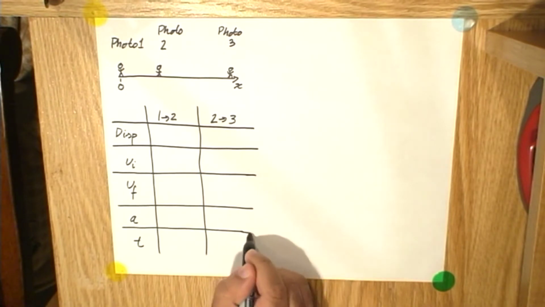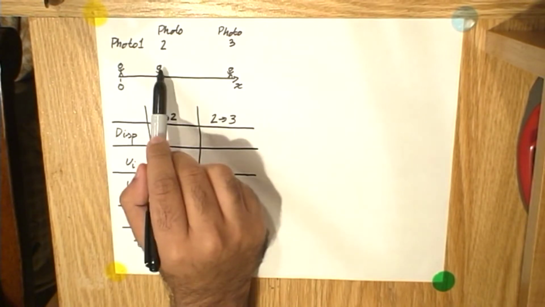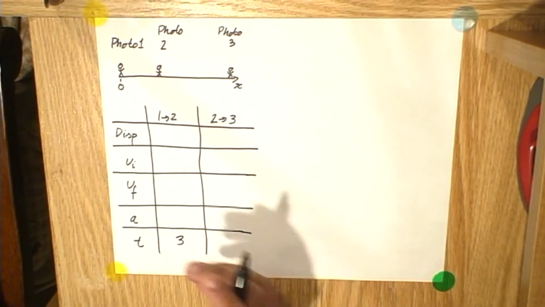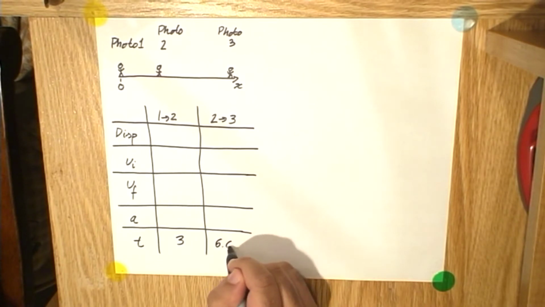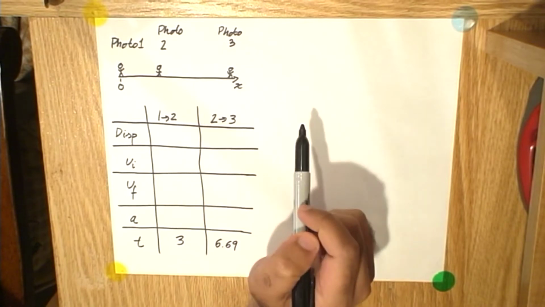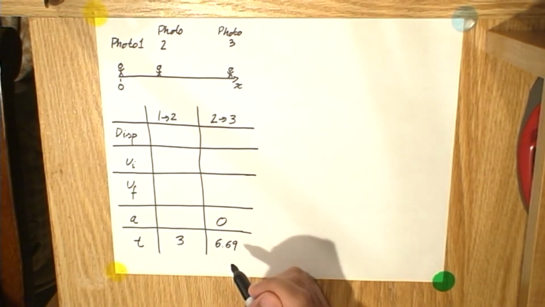We were told that it takes him 3 seconds to reach his stride between photo 1 and photo 2. And the total race was 9.69 seconds, which means that he spent 6.69 seconds in this second realm where he is not accelerating. And since the acceleration here is 0, we can also put that as a known quantity.